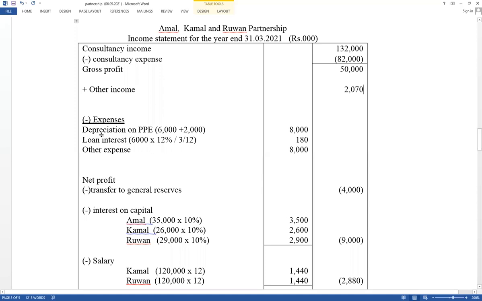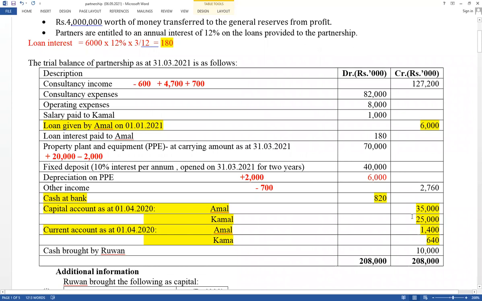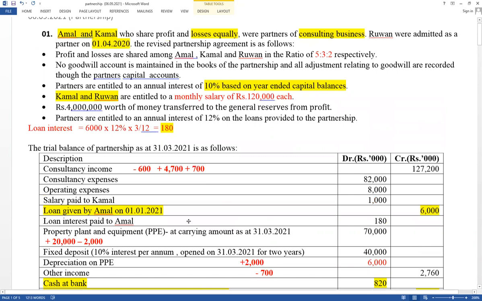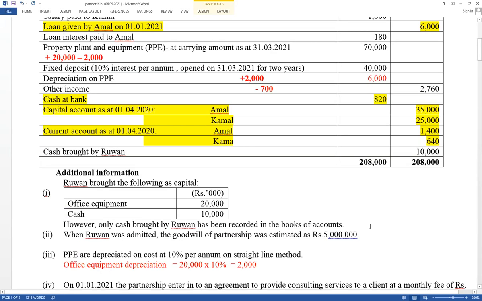Like that, the trial balance information should be recorded. All other information available in the trial balance we have discussed, as well as the additional information and agreement. Now complete.